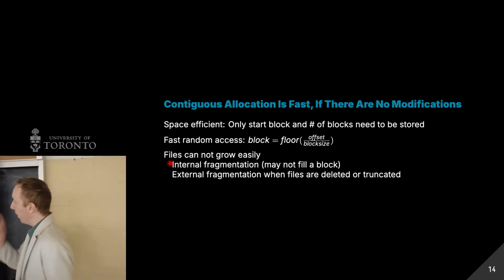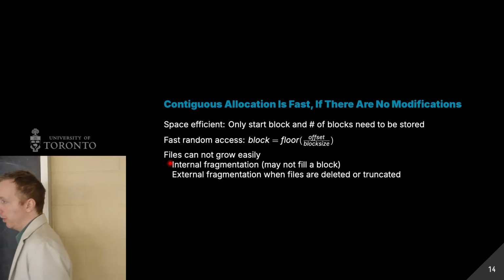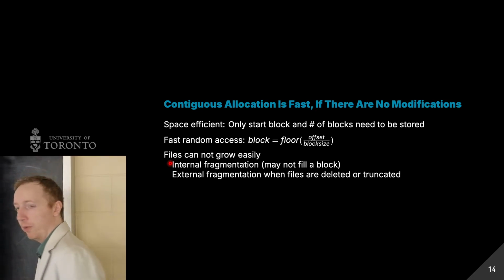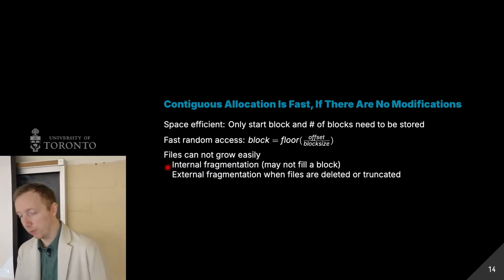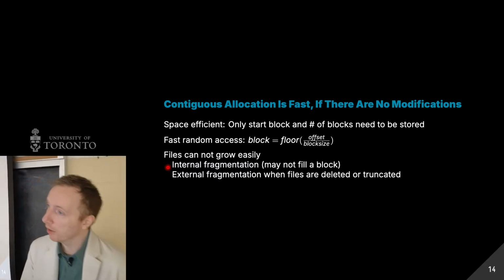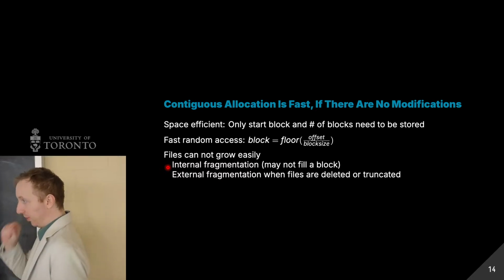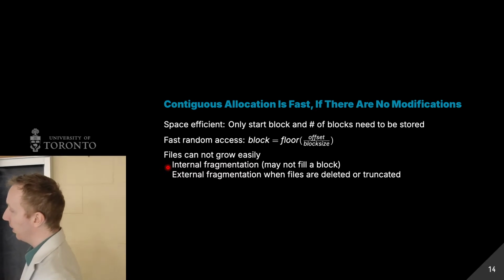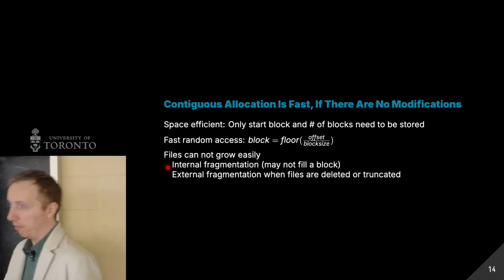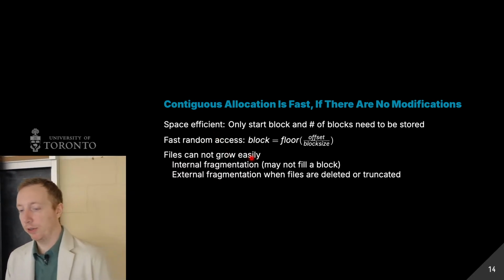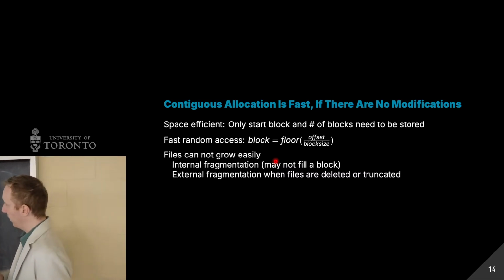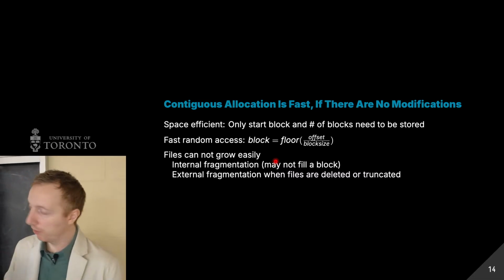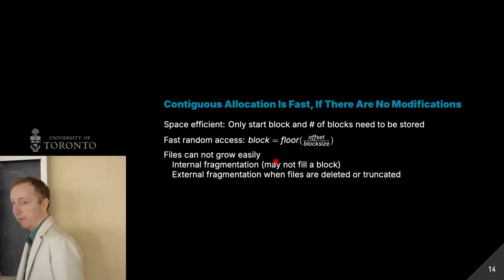That wasted space I was talking about, the technical term for it is fragmentation. There are 2 types of fragmentation. We'll revisit this again later. There's internal fragmentation, which is wasted space within a block. If my file is smaller than the block size, essentially the rest of it is going to be wasted. We're not going to worry about this for storing files, but just know that internal means it may not fill a block.